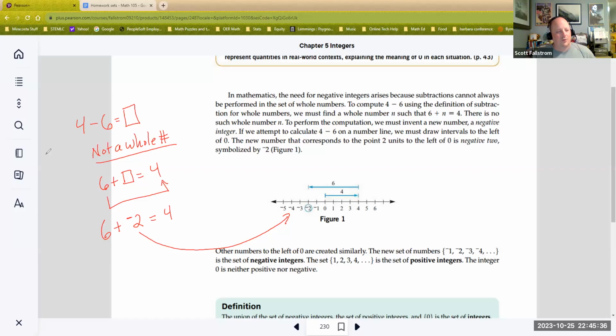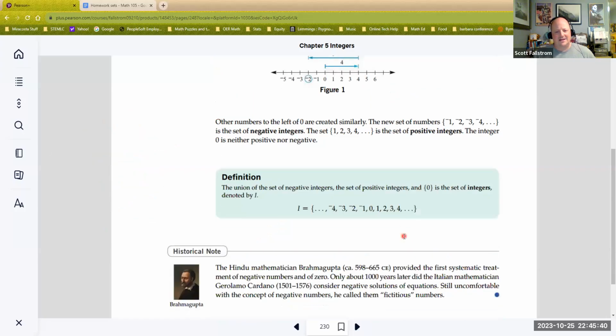I think that's the important piece as we go forward: understanding the big idea about these. The way we tend to define the integers is the union of the set of negative integers, the set of positive integers, and the set 0. Frequently, this is referred to as the set of whole numbers and their opposites.